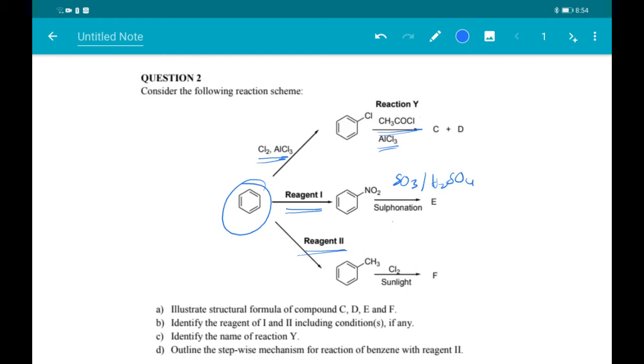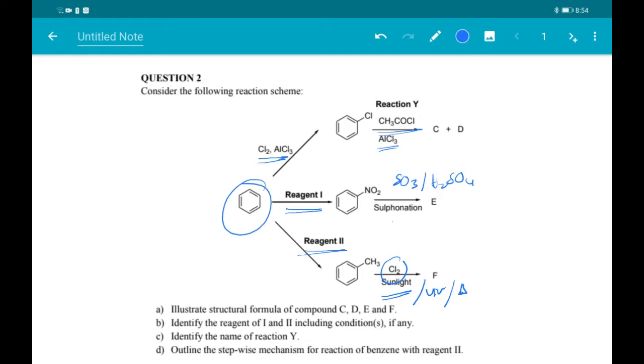And finally, we have reagent 2. Just now, we reacted it with CH3, and we're going to react with chlorine. However, in this case, we're going to use sunlight. Sunlight can also be written as UV, or instead of UV, we can also use heat, to proceed with this reaction.